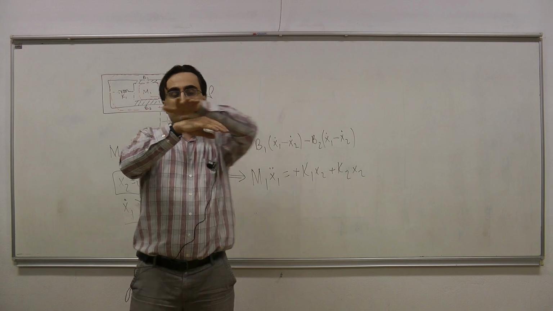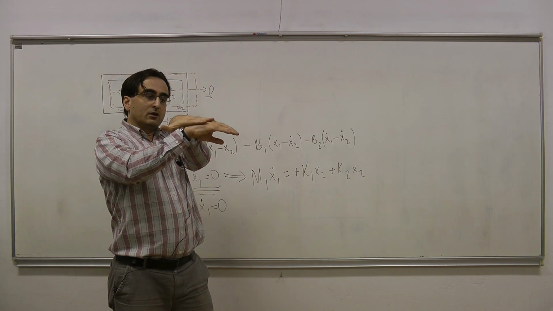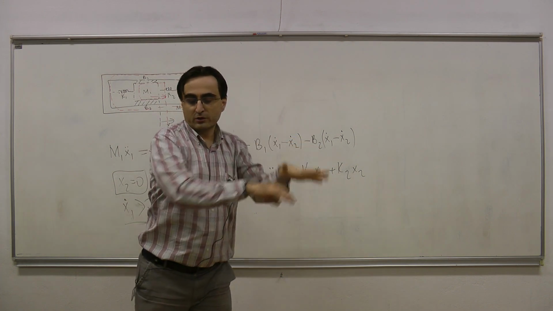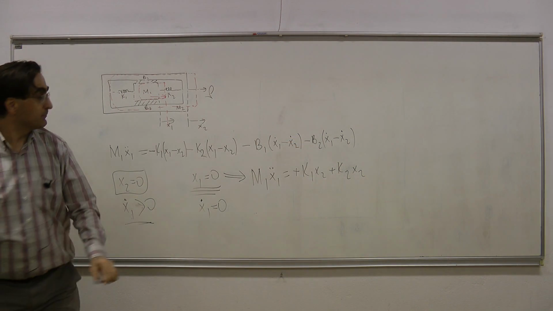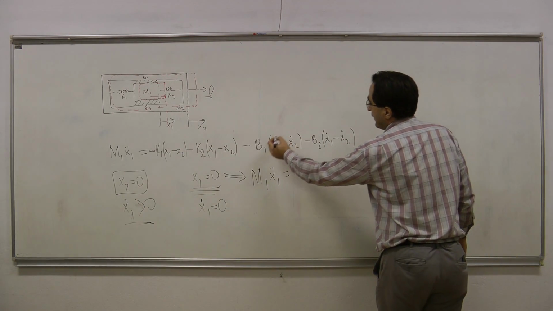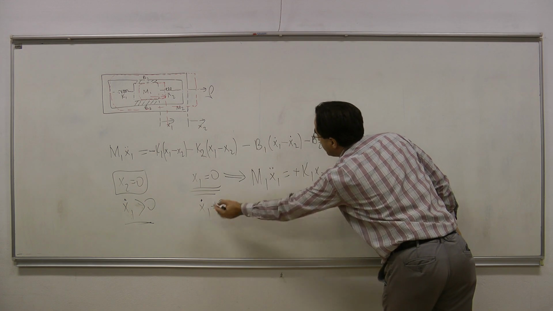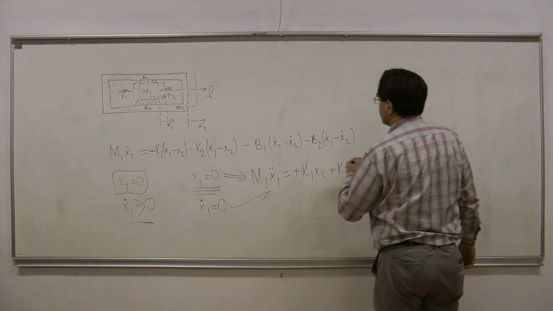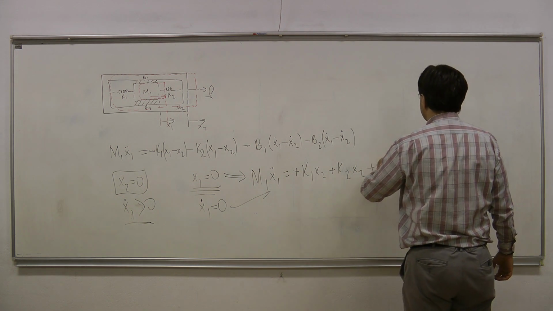If I push this second mass to the right, then it's going to push the first mass to the right as well. Okay? So here, if I add the effect x1 dot is equal to 0, it is stationary, and minus is going to cancel, and I have plus b1 x2 dot.